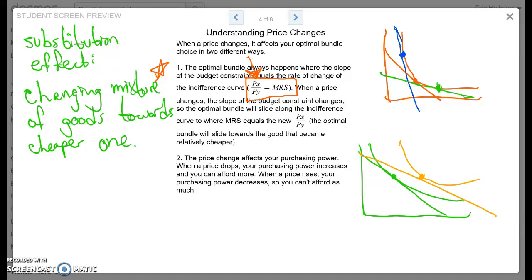We can get to a higher one. So the shift over reflects the increase in our buying power. The opposite is true. If a price goes up, it reduces your buying power and you end up shifting over. So the change in the amount of goods that you buy that is due to buying power changes is called the income effect.